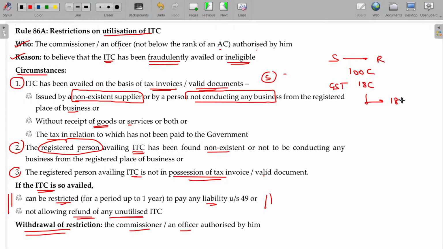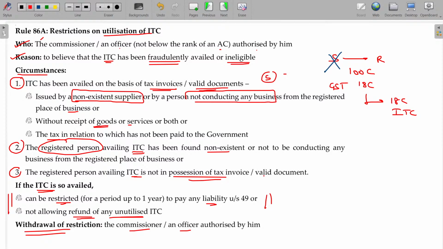This 18 crore becomes ITC. Who issued the tax invoice? Who is he? Now we are not able to trace him. He gave the tax invoice and absconded, and the recipient claims this amount from the government and enjoys it.